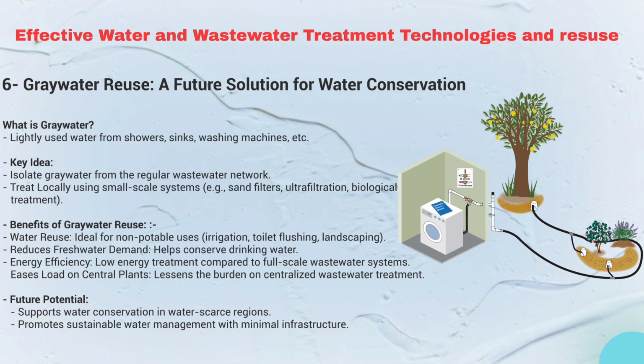Once treated, it can be reused for non-potable applications such as irrigation, toilet flushing, or landscaping. This not only reduces freshwater demand but also lowers energy consumption and eases the burden on centralized treatment plants. With proper infrastructure and regulations, grey water reuse could play a critical role in conserving water, particularly in areas facing scarcity.